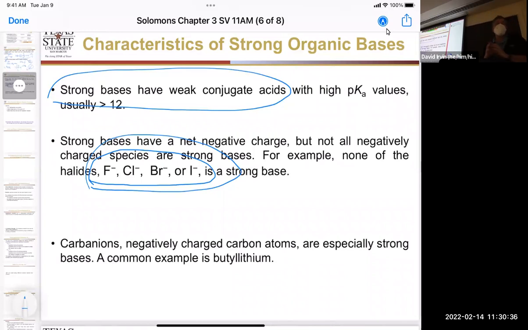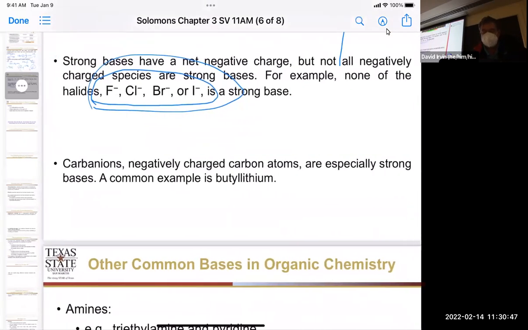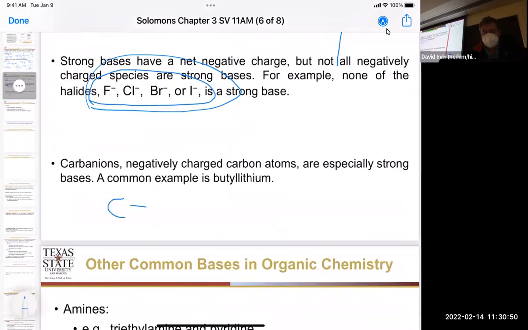Okay, now the one thing we really need to play with is what we call carbanions. Just like a hydrogen with a negative charge, any carbon that has a negative charge on it is really, really, really basic. If we think about a hydrocarbon like butane, it has sp3 hybridization, so that means it's going to have a pKa of around 50 or 60.